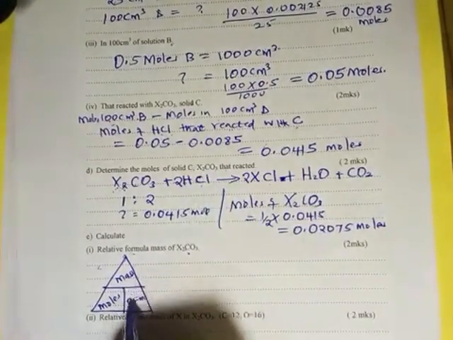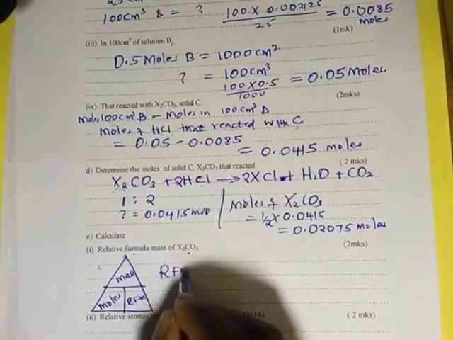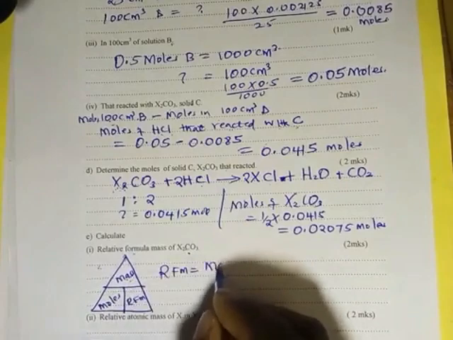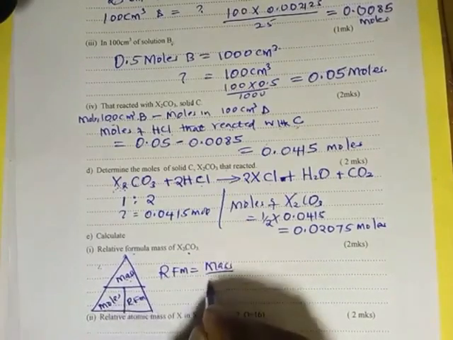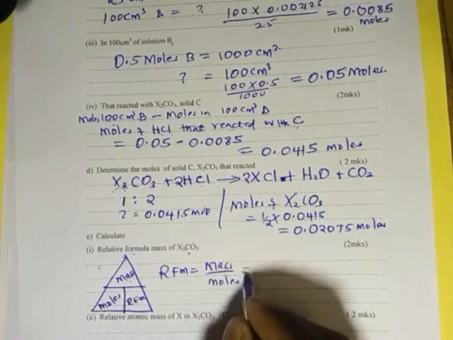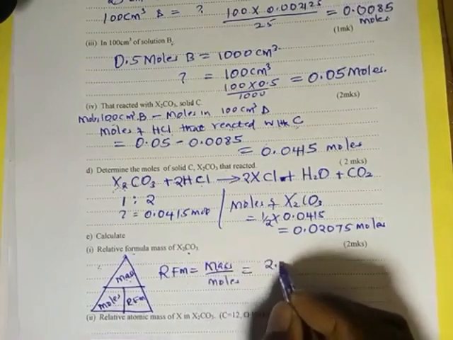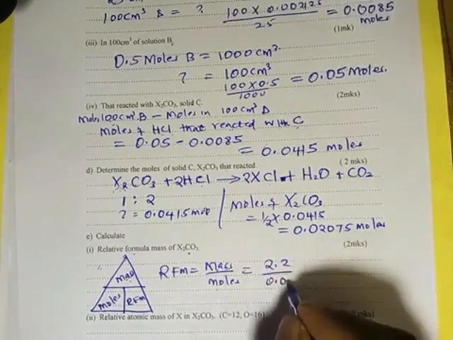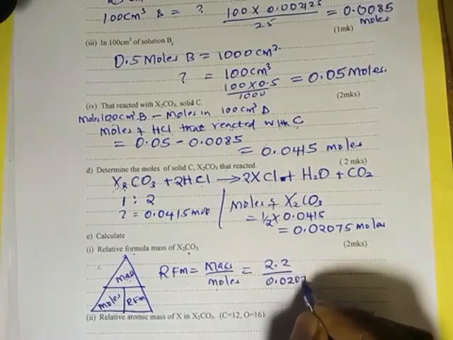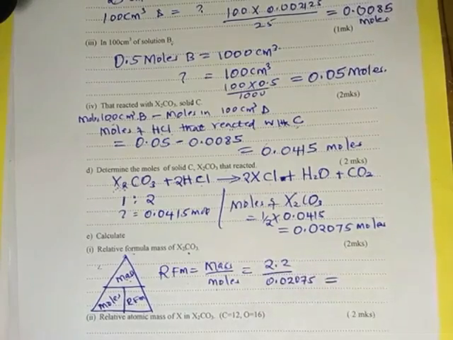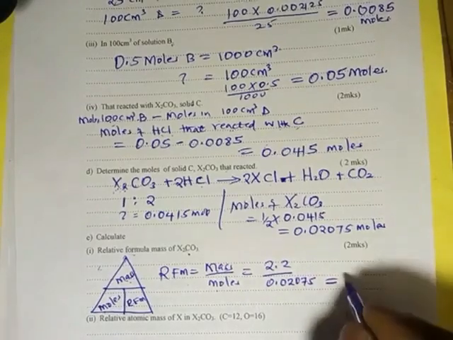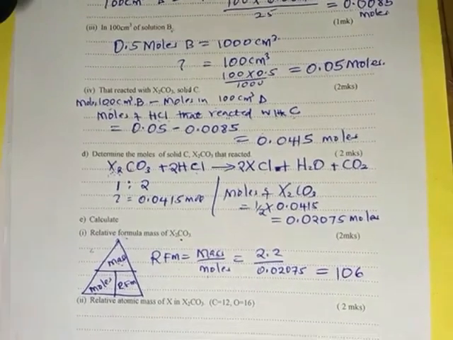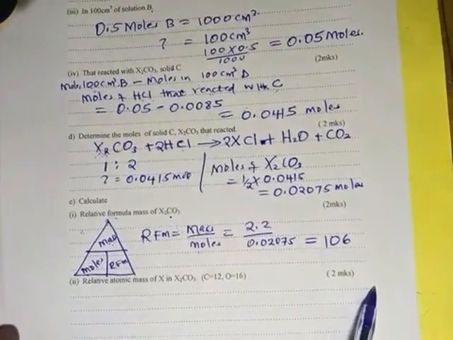So therefore we can get RFM. RFM is equal to mass divided by moles. Mass is 2.2 divided by moles, which is 0.02075, and use your calculator to give you 106. So the RFM of this carbonate is 106.